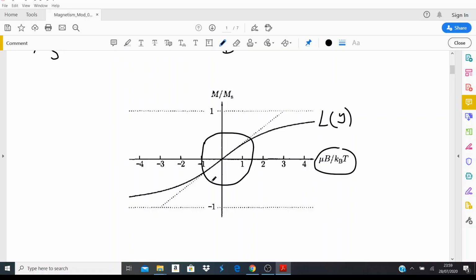That's point number 1. And point number 2 is that, now you are going away from this low magnetic field in the positive magnetic field direction, or maybe in the negative magnetic field direction, right? You can see the curve is kind of bending, and then if I extend this curve, it will be trying to reach the saturation level at some very high magnetic field like this, just to make it clearer.